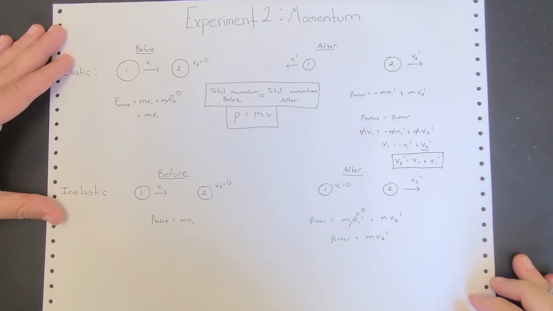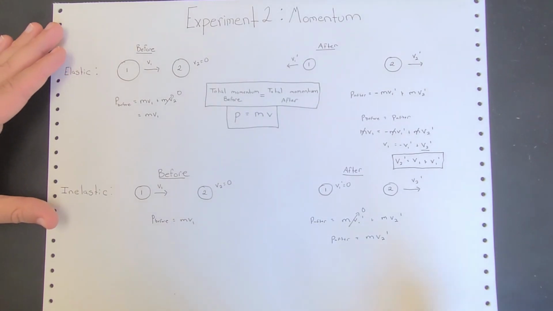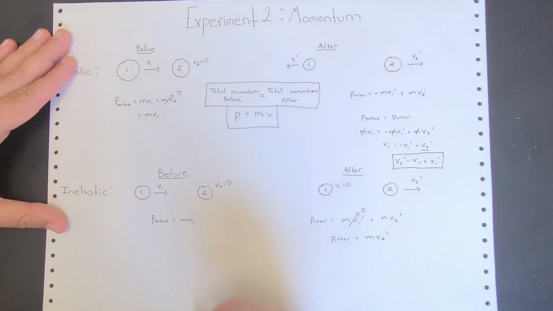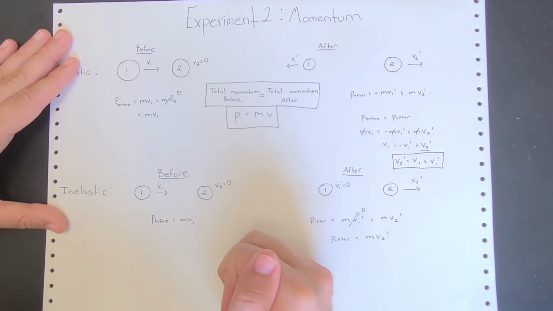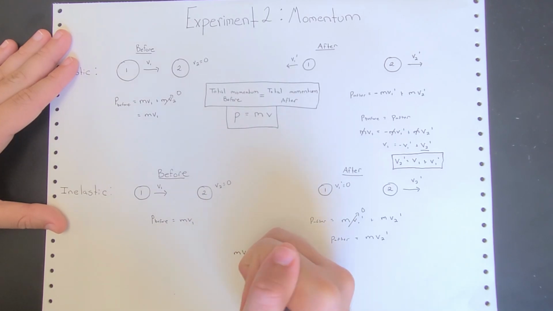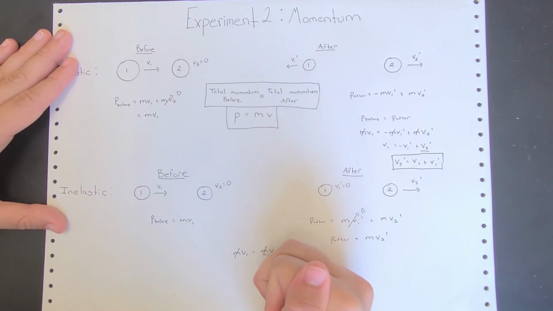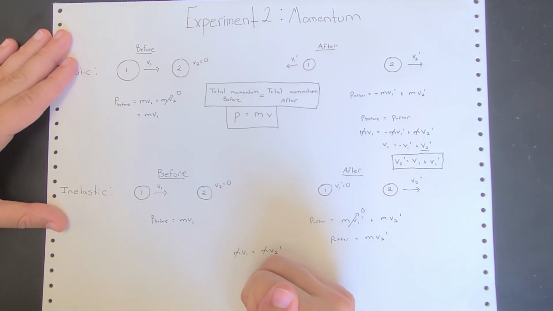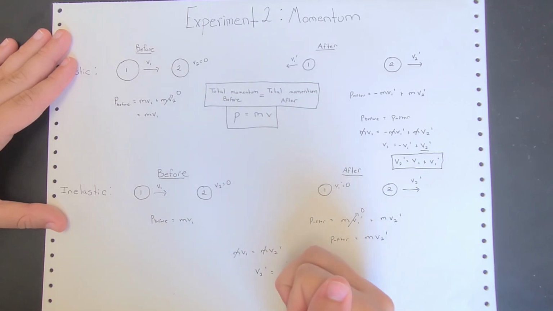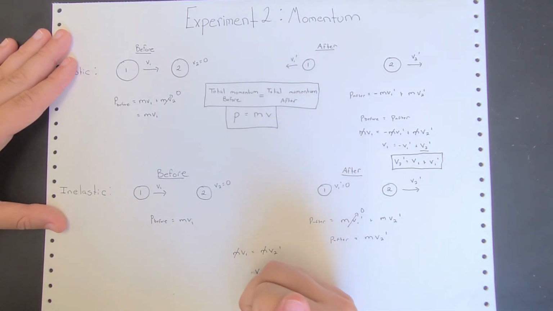All right, and now if we use, again, conservation of momentum to set our momentum before equal to our momentum after, what we'll get is mv1 is equal to mv2 prime. The masses can cancel out because they're the same. And so what we're left with is v2 prime is equal to v1.